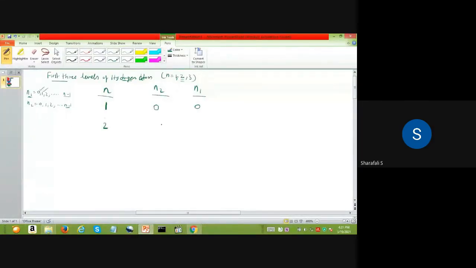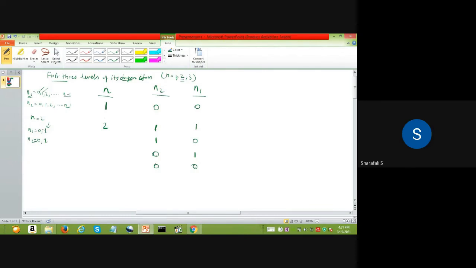In the first case, let's take both n1 and n2 having value 1. Then n2 is having value 1 and n1 is having 0. Next case, n2 is 0, n1 is 1, or both are 0. All these values are possible, because when n equal to 2, n1 can take value 0 and 1, since n minus 1 is 1 here. So n2 also takes 0 and 1.